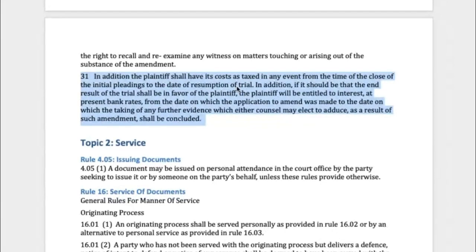Plus interest, right? Because MacDonald's going to be out of pocket for the interest. Is that only if MacDonald wins? No, because if Ross wins the case itself, then MacDonald will have to pay costs to Ross, right?